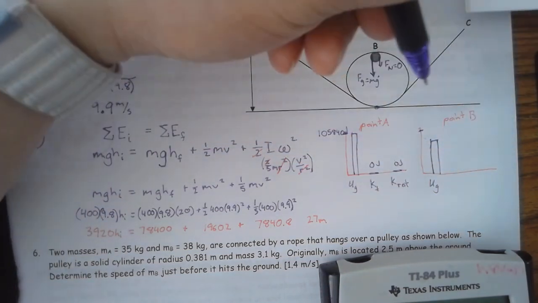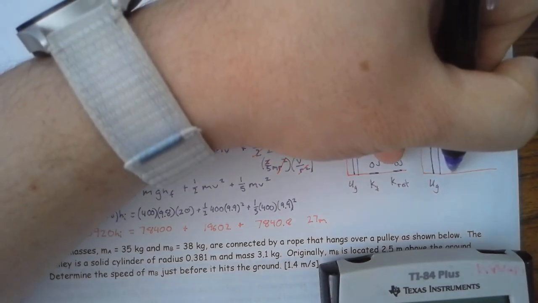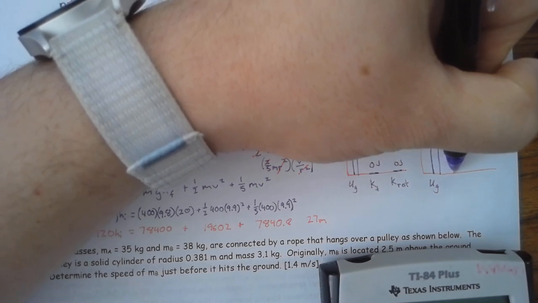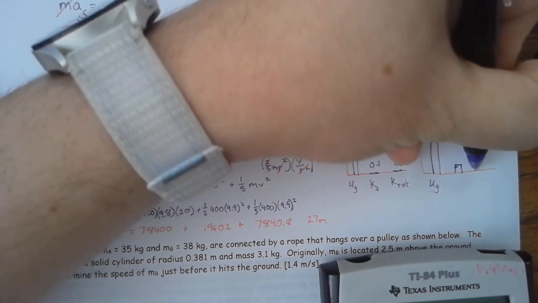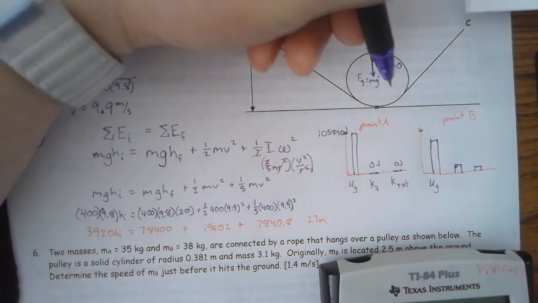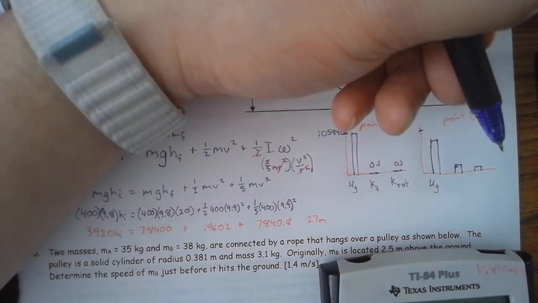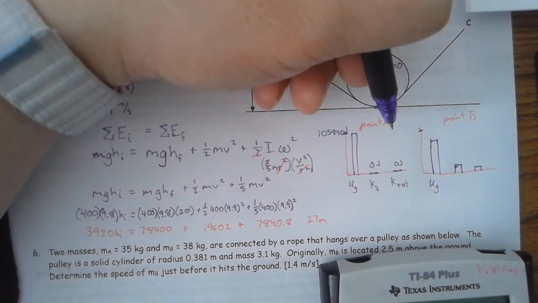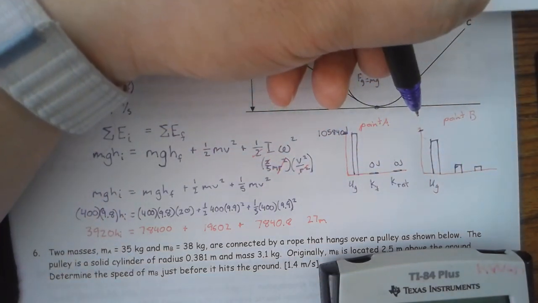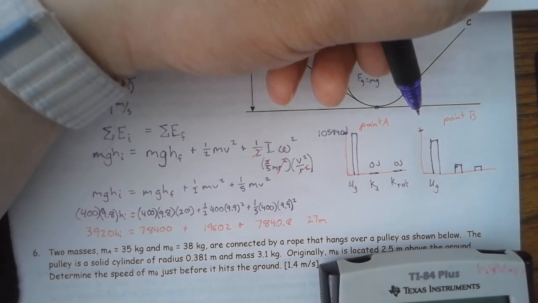And then KT is maybe about 20% of it. And K rotational is like 2.5 times smaller, so close to like 10%, probably less than 10% of it.